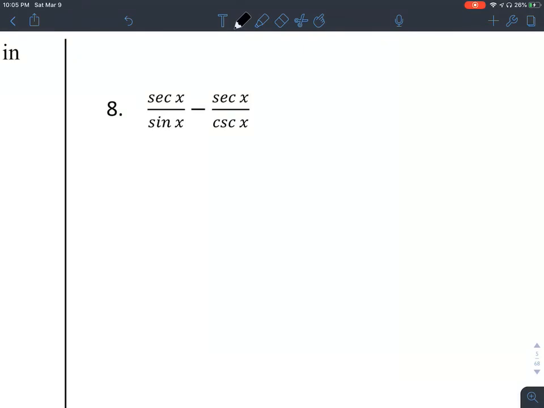Number 8. I'm going to change things to terms of sine and cosine at the very beginning. Secant of x is going to be 1 over cosine of x. Sine of x is already in terms of sine. Secant of x is, that's not right. Secant of x is 1 over cosine of x. Whoops.